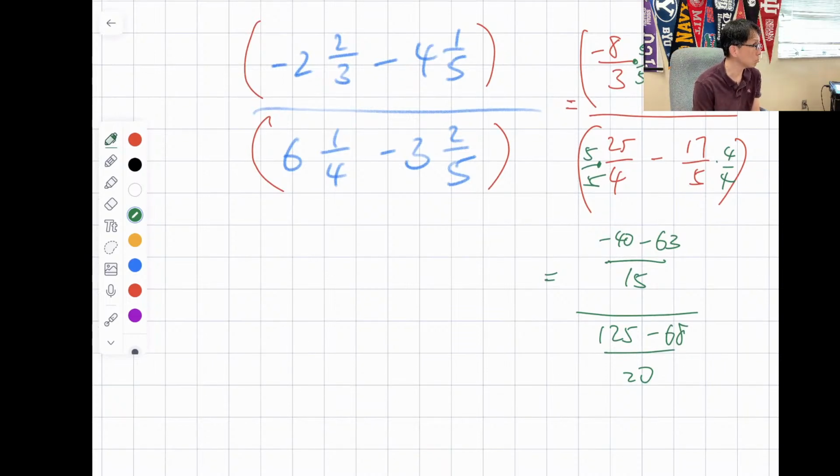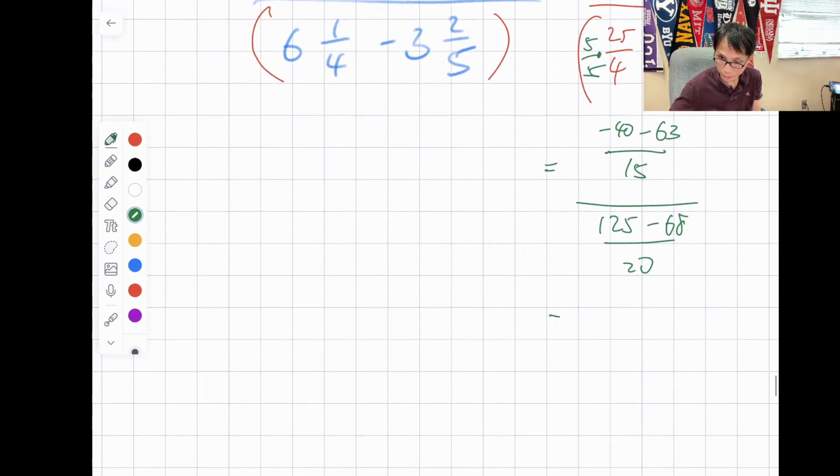No, it's okay? Negative 103 over 15, all over 125 minus 68, which is 57. Am I going too fast?